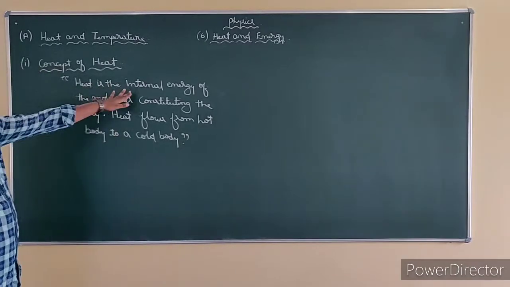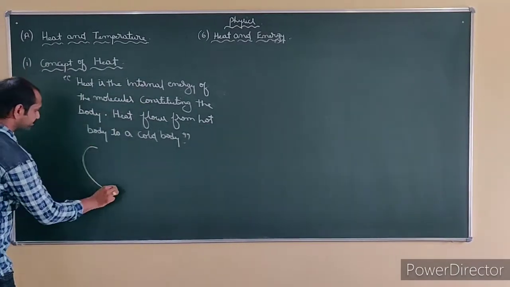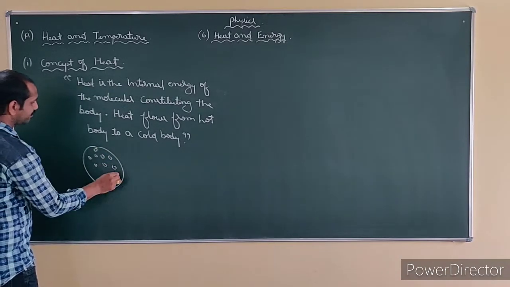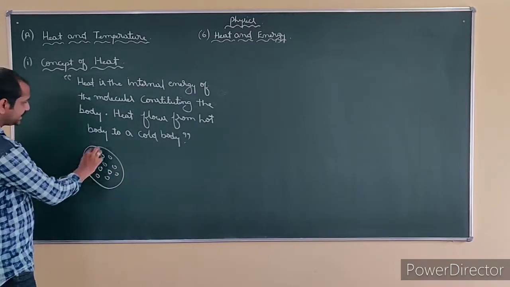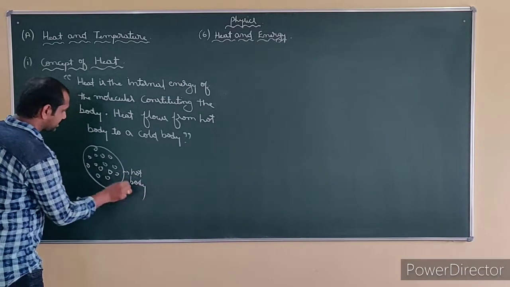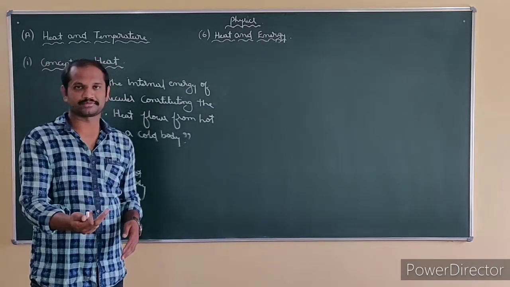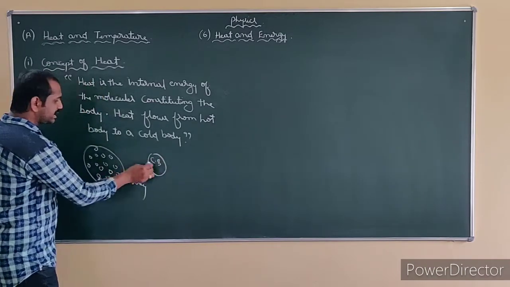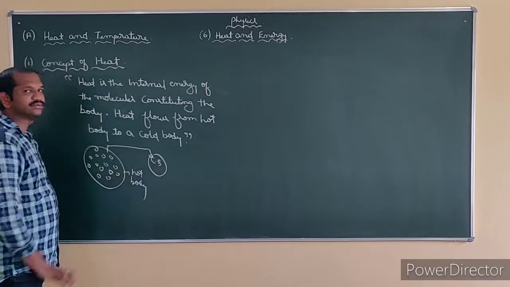Heat is the internal energy of the molecules constituting the body, because we know that when you consider any body, it is made up of molecules. So what happens to these molecules when it is a hot body? When it is a hot body, the random motion of the molecules is more, which means the internal energy is more. When you bring a cold body next to the hot body, what happens? The internal energy is being shared from here to here.